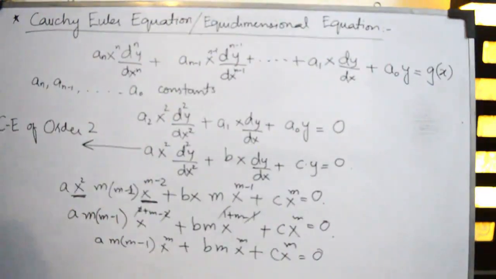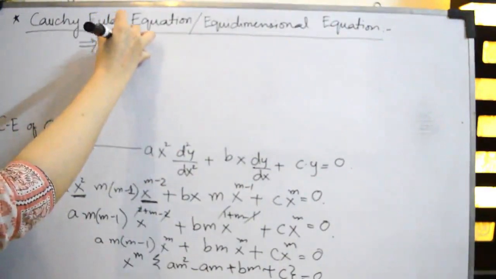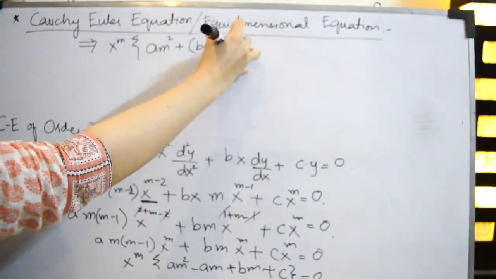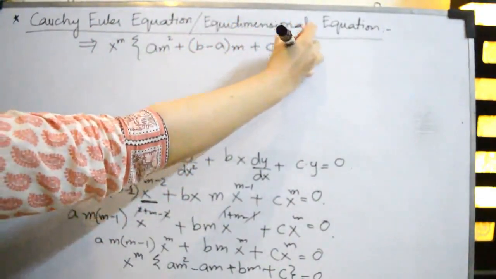Because x^m is the common term here, I take x^m common, and the rest becomes x^m (a m^2 - a m + b m + c) = 0, that is, x^m (a m^2 + (b - a) m + c) = 0.